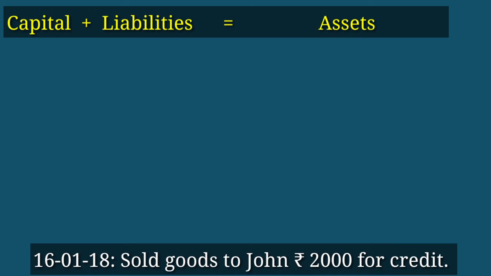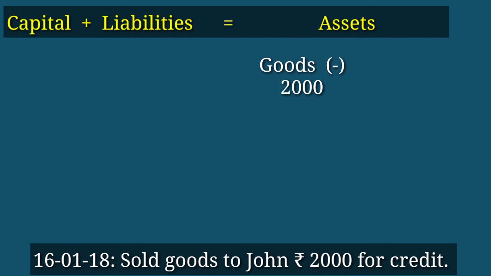We are selling goods to John for credit. At the time of selling the goods, goods is decreasing. Goods is an asset. Asset decreasing, goods or stock decreasing, rupees 2000. We are not getting the cash, but a debtor is coming.